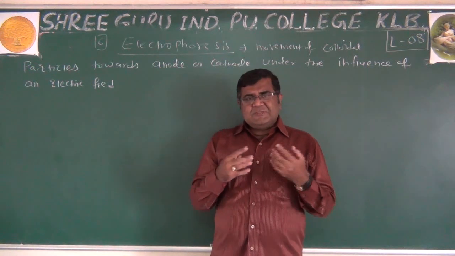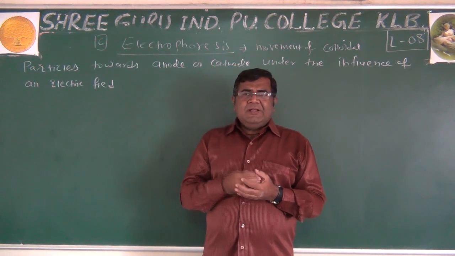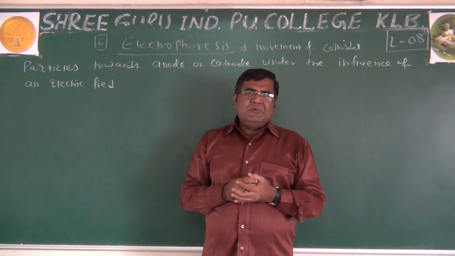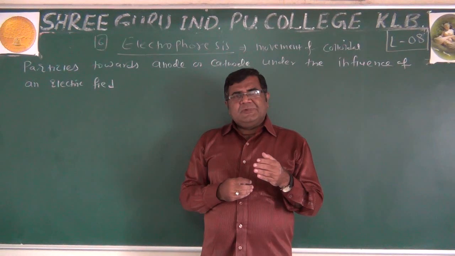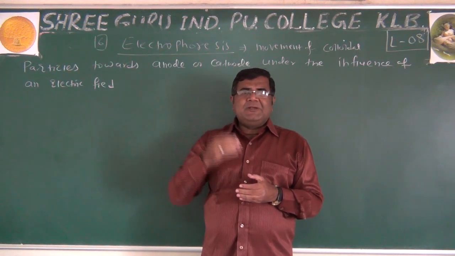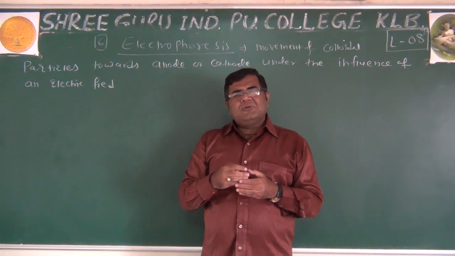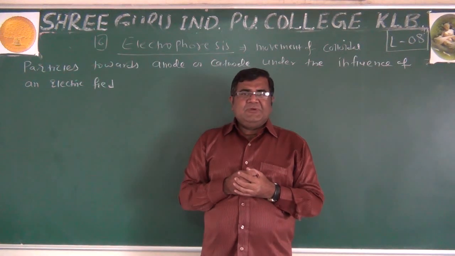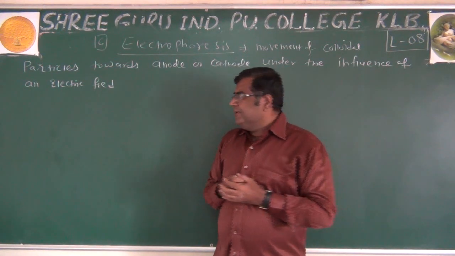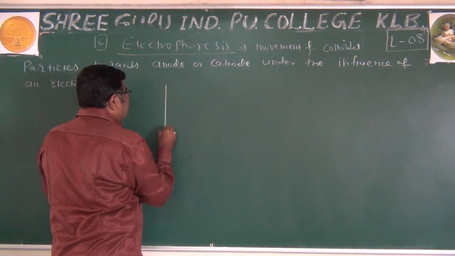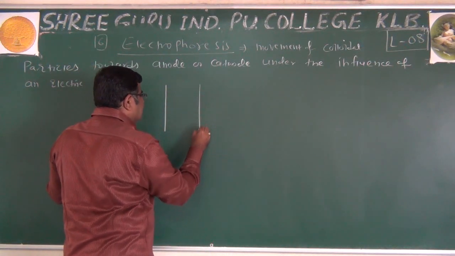So this charge is present on the colloidal particle, and they migrate towards the oppositely charged electrode. So we can observe in electrophoresis towards which electrode they are moving, either to anode or to the cathode, and we can confirm the charge present on the colloidal particle. How is it done? They will take a U-shaped glass tube.